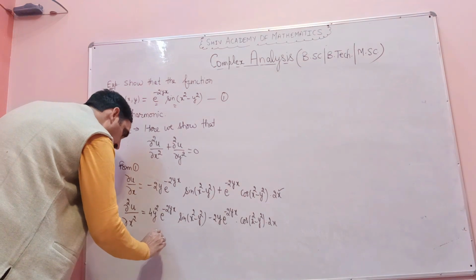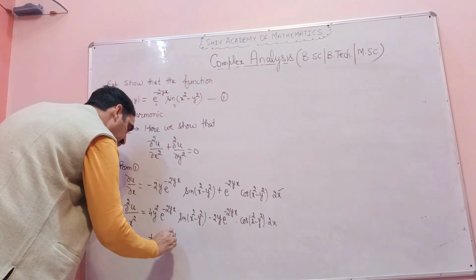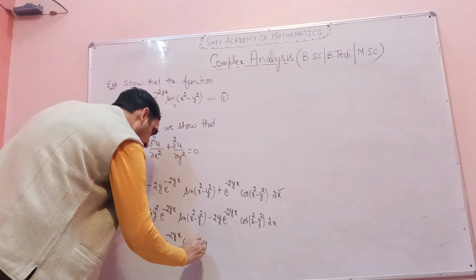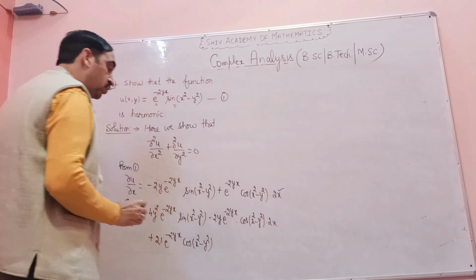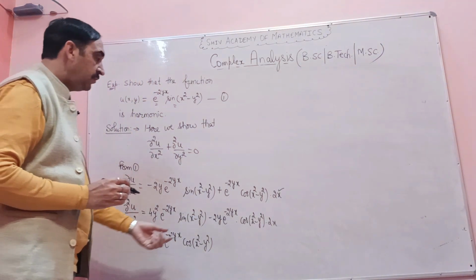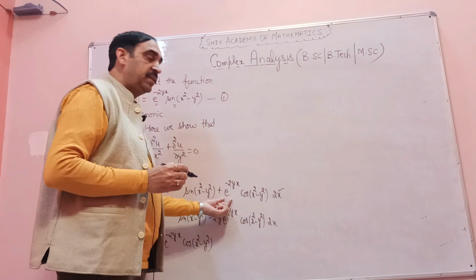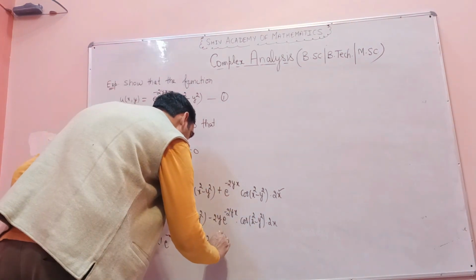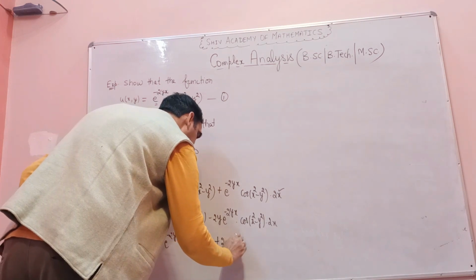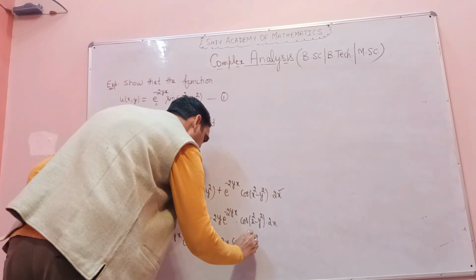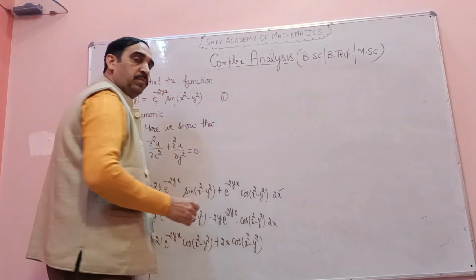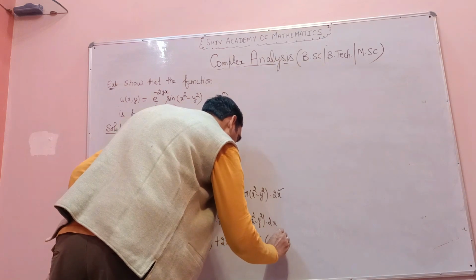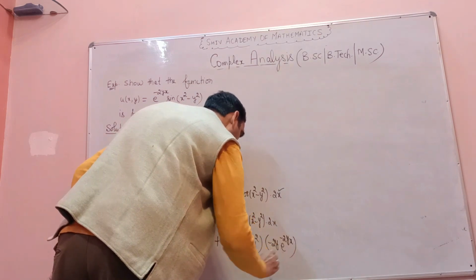And these two terms as it is, e^(-2yx) cos(x² - y²). Then we differentiate this with respect to x and these two terms as it is. So it is 2x cos(x² - y²), and the derivative of this term with respect to x, so it is again minus 2y into e^(-2yx).